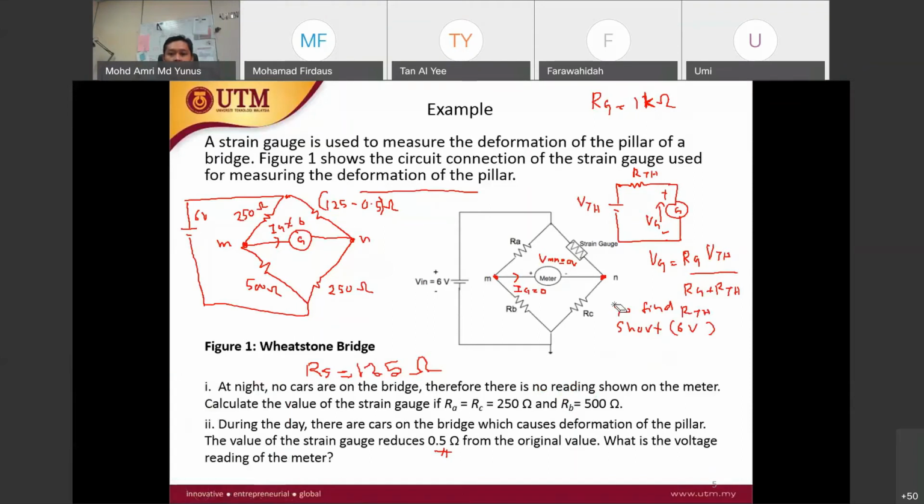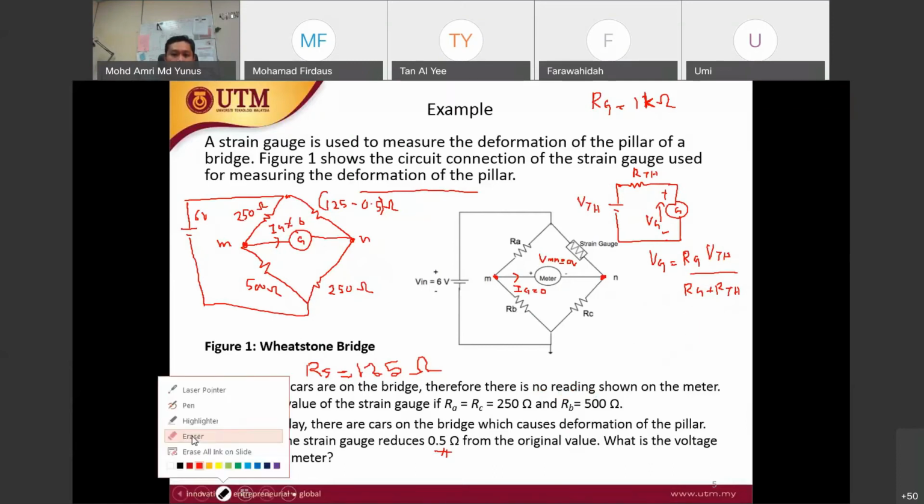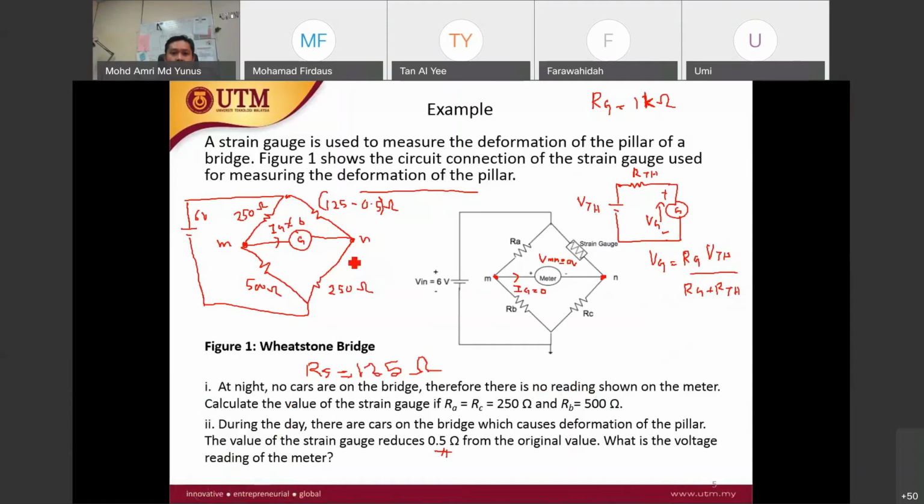So the equivalent circuit seen from points M and N. What is the RTH here?